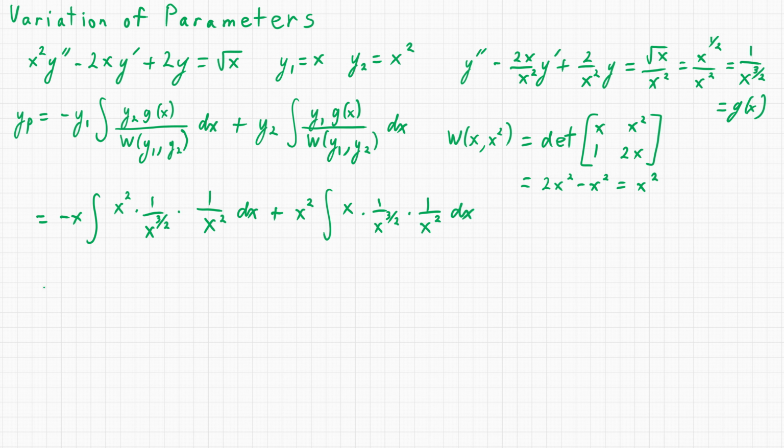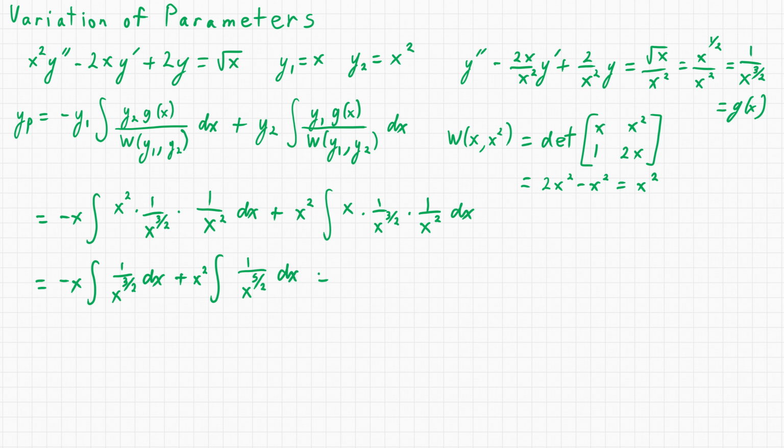All right, let's go ahead and simplify that. So we have negative x, indefinite integral. You have x squared and x squared, those cancel, so I just end up with 1 over x to the 3/2 dx. You have plus x squared, integral, and I end up with the x canceling, so I have 1 over x left over, 1 over x times 1 over x to the 3/2, that ends up being 1 over x to the 5/2 dx.